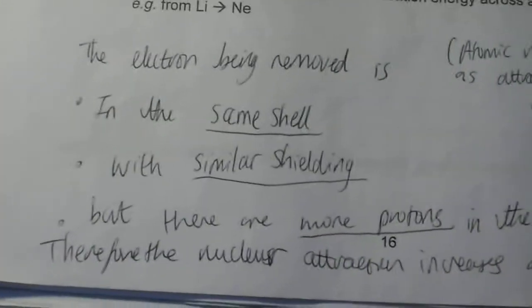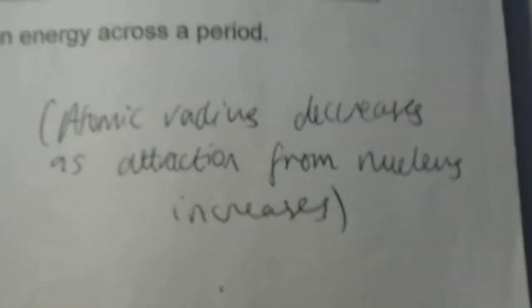This is because the electron being removed is in the same shell, so they've got similar shielding, but because there are more protons in the nucleus, there's a stronger nuclear attraction and more energy is needed.